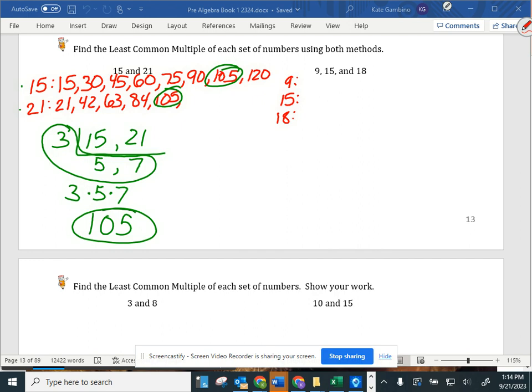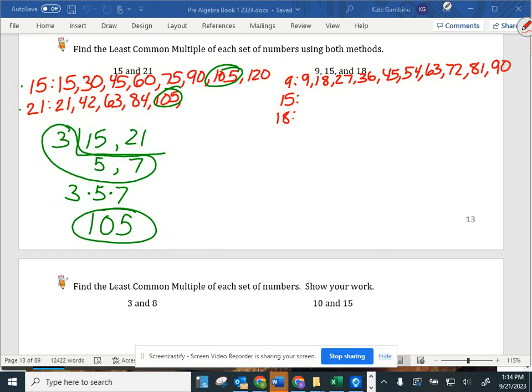This one, we can use a calculator because your calculator is not going to tell you what the multiples are. You have to know how to find those multiples. So let's list our multiples for 9. Say it out loud for me. 9, 18, 27, 36, 45, 54, 63, 72, 81, 90.